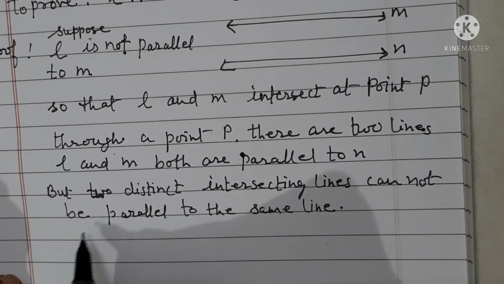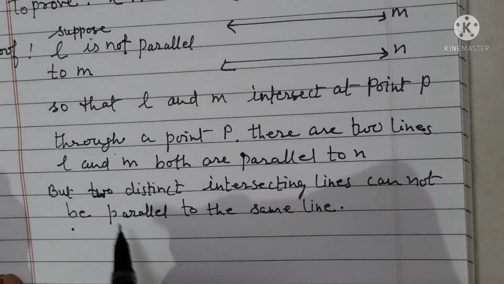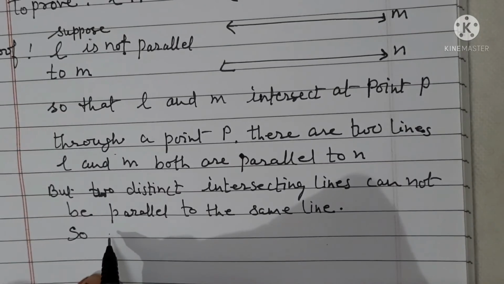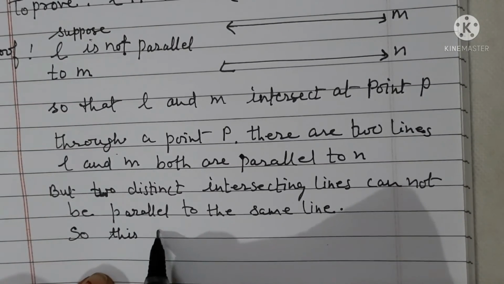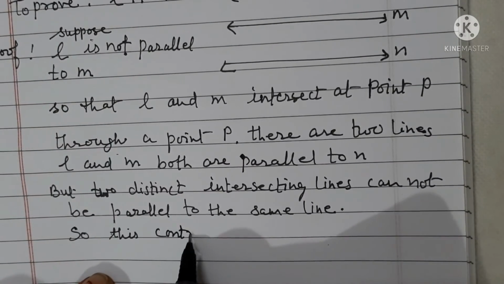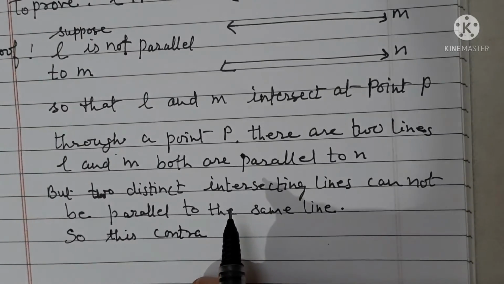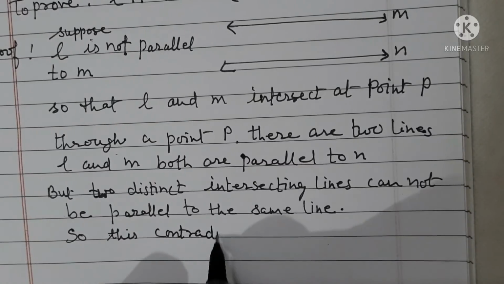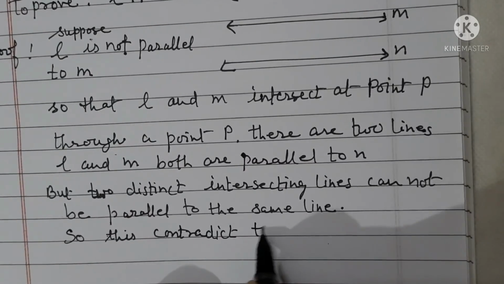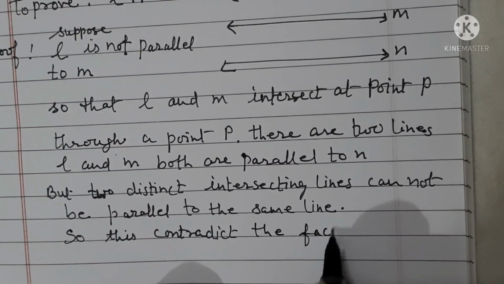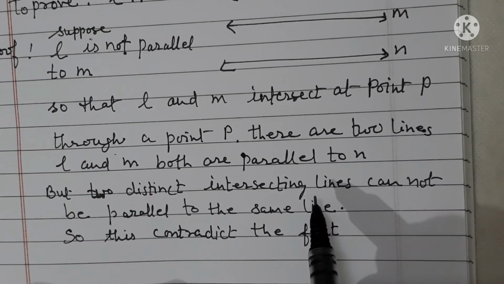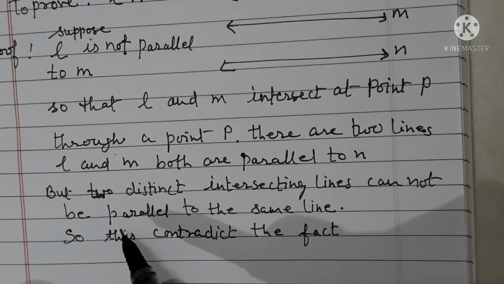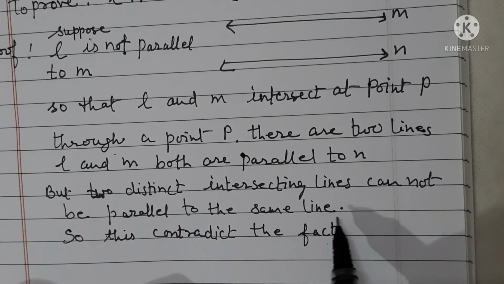This contradicts the fact. The fact was that two distinct intersecting lines can never be parallel to the same line.